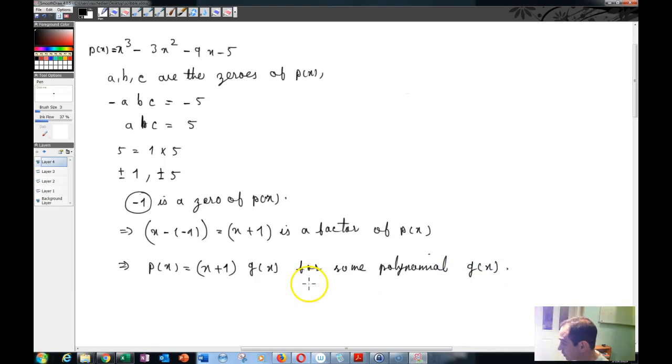And so in order to find out what g of x is equal to, P of x over x plus 1, which is equal to x cubed minus 3x squared minus 9x minus 5 over x plus 1.